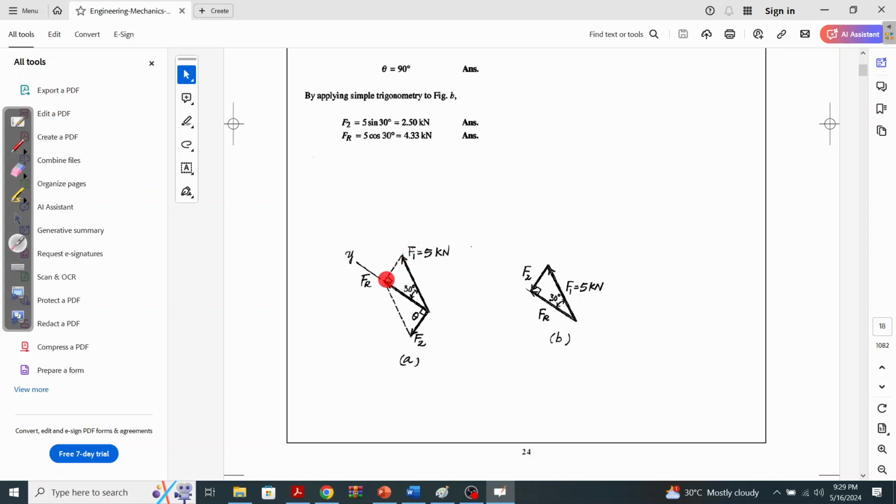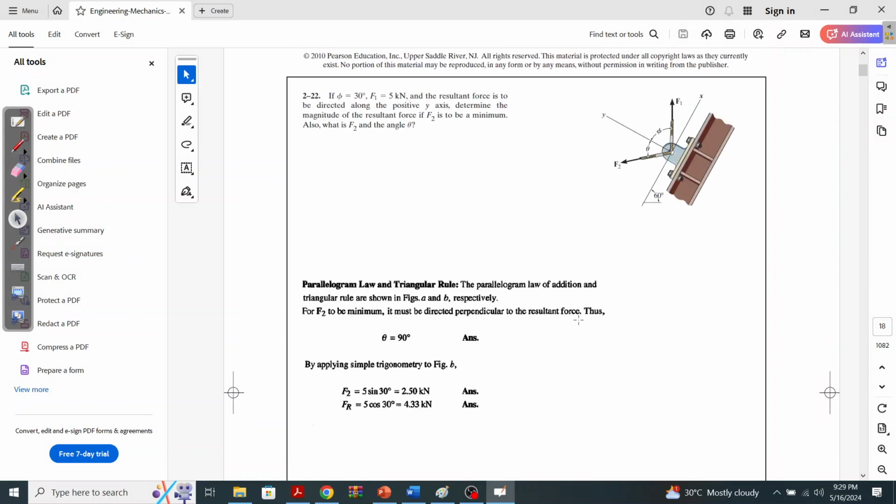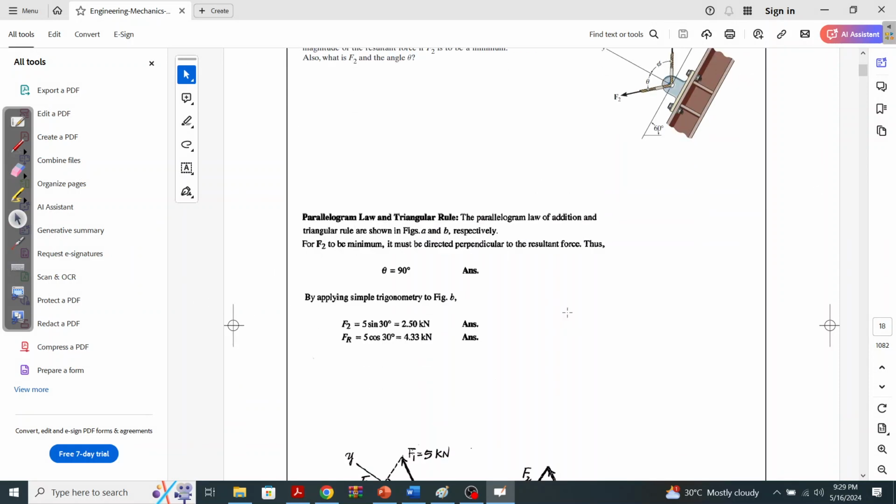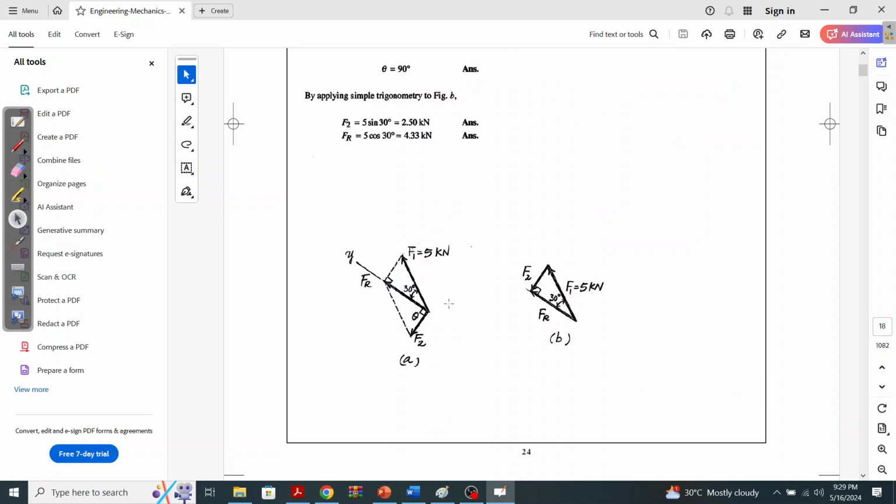You can see that F2 is making an angle of 90 degrees with Fr, so that condition is satisfied. The angle between F1 and Fr is 30 degrees, and that condition is also still satisfied.